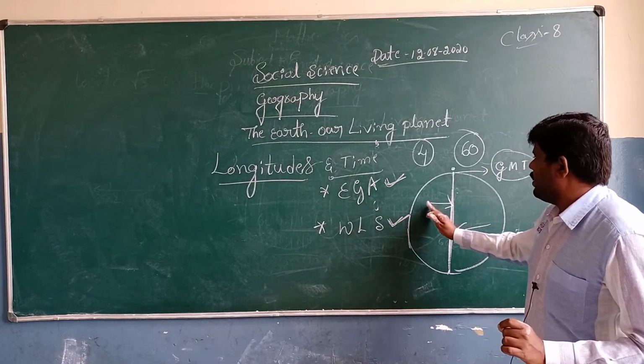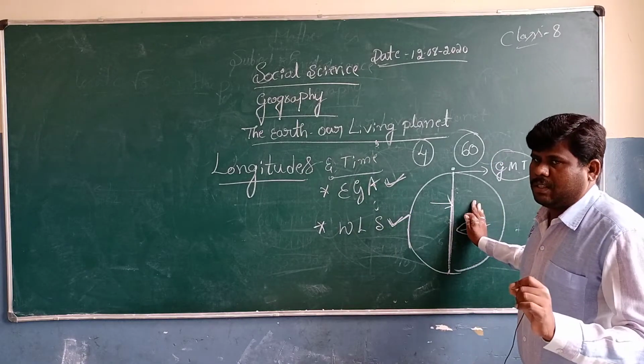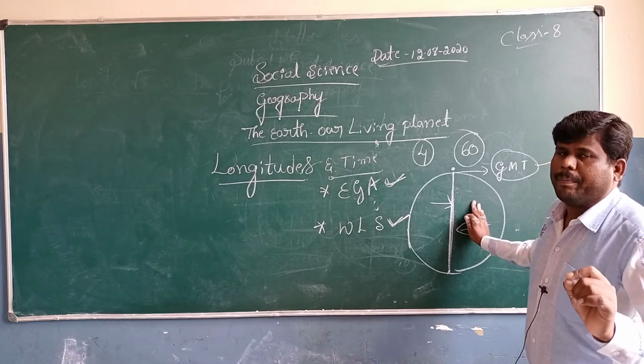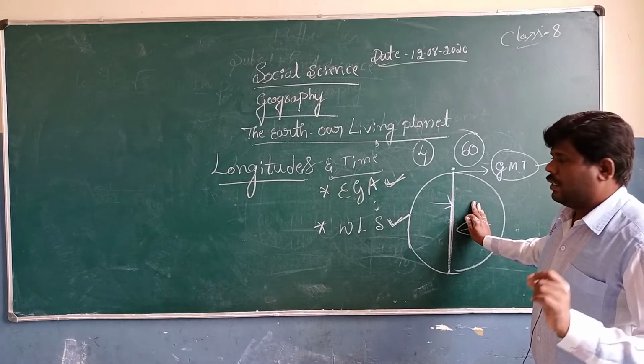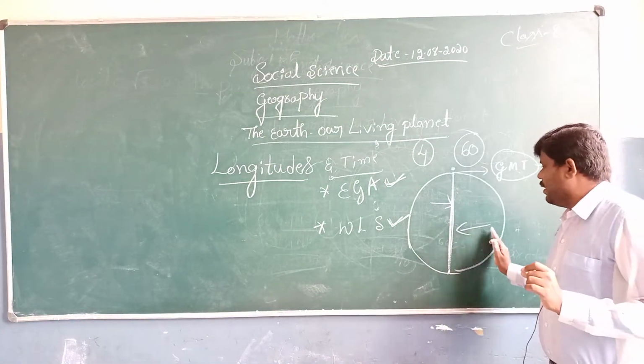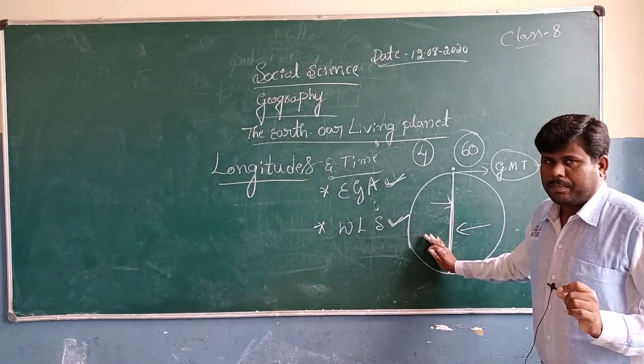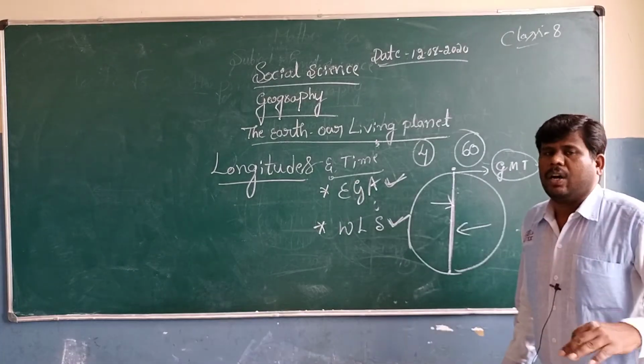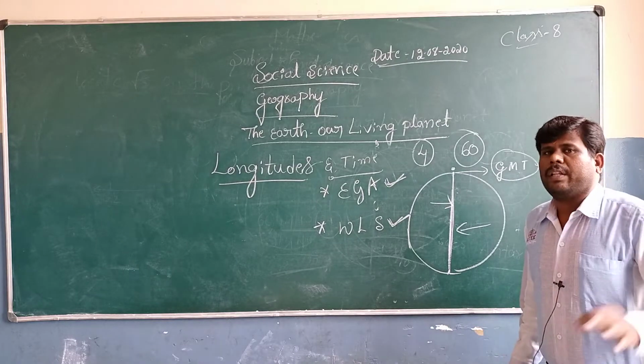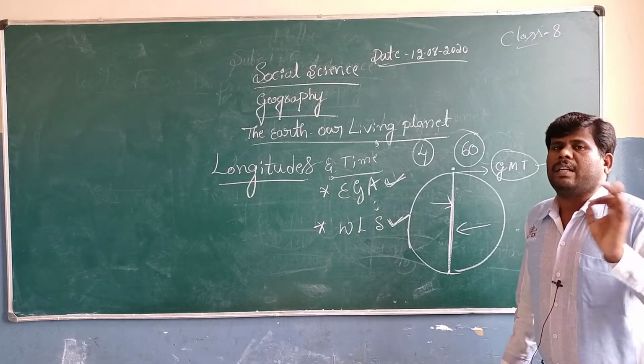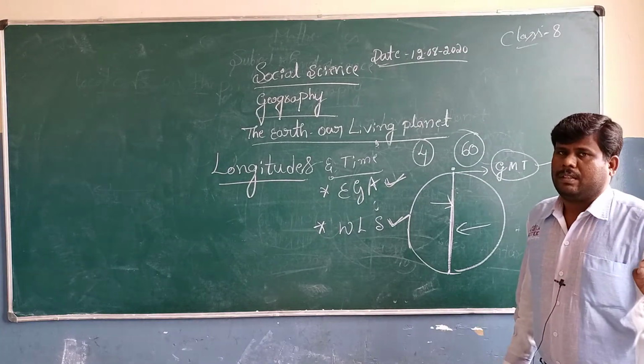From west to east, if we cross, we add the day or date. If you cross this line from east to west, we subtract the day or date, to avoid the confusion of day and date at the international level. So we follow this method.